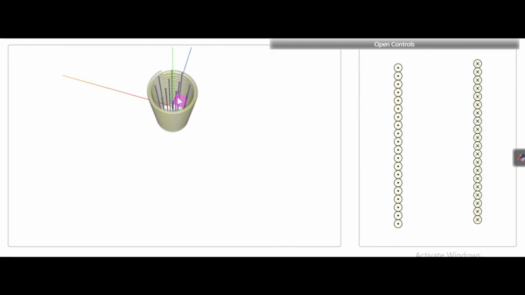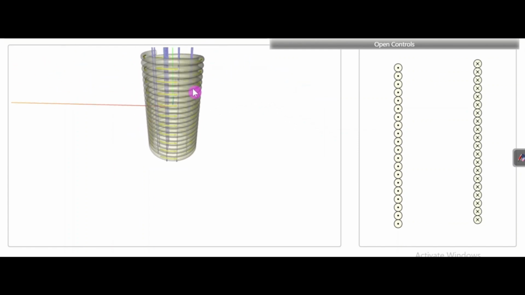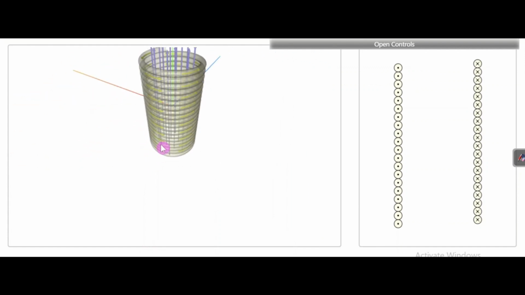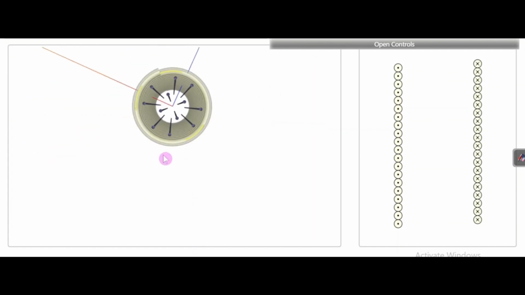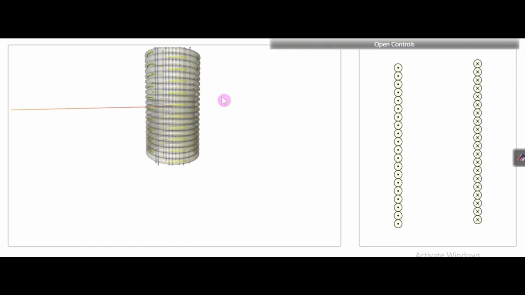So here is the arrangement of the magnetic field lines that are arranged inside this solenoid parallel to each other, and the strength of the magnetic field will be more inside the solenoid, and the strength of the magnetic field around this solenoid will be negligible. And for the ideal solenoid, the magnetic field around this solenoid will be 0.